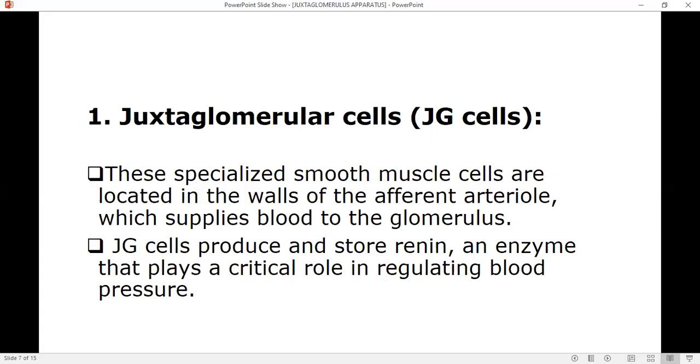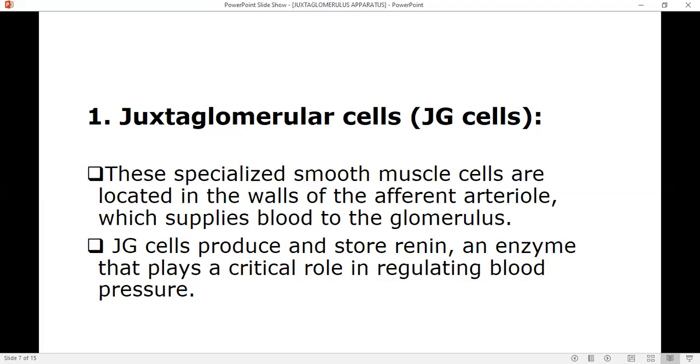These are specialized smooth muscle cells located in the walls of the afferent arteriole, which, as we know, supplies blood to the glomerulus. These cells produce and store renin. Renin is an enzyme that plays a critical role in regulating blood pressure.